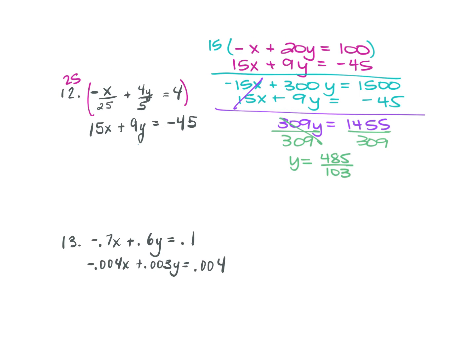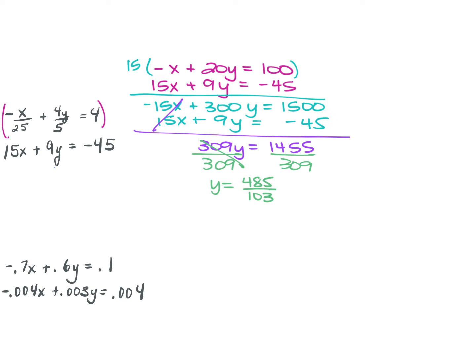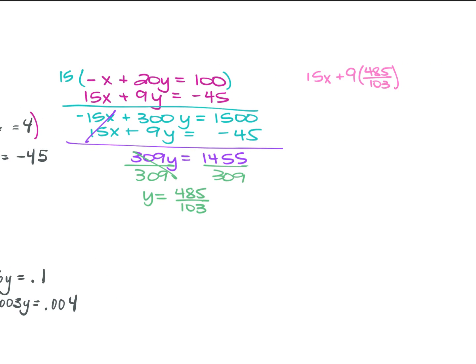Pick one of the original equations, plug that in, solve for x. I don't care to work with the fraction over a fraction, so we're going to work with the bottom equation. So that means we're going to use the 15x plus 9 times y, which is 485 over 103, is equal to negative 45.